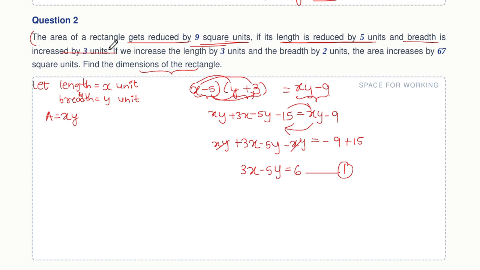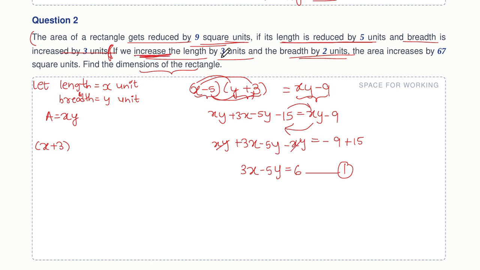Similarly, look at the second statement. If we increase the length by 3 units, so length is x, if we increase by 3, it becomes x plus 3, and breadth is increased by 2 units, means both are increased. Okay, only a single word is used.